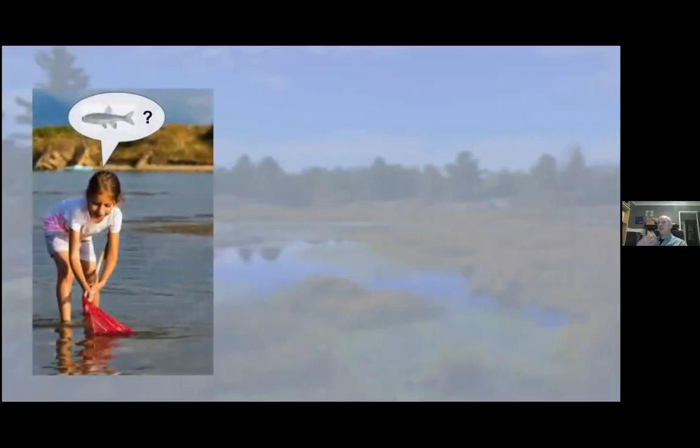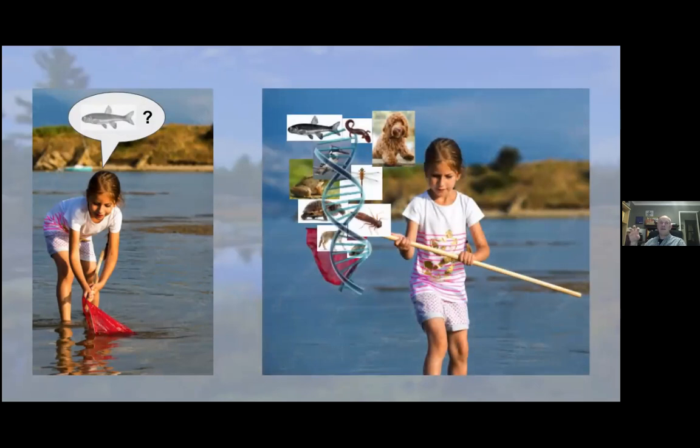So just to frame the mental model here, many of us have gone to a pond or stream or lake, scooped out some water with a bucket or net, looked at the contents and wondered what is there. Like this little girl, she's thinking maybe about minnows. Well, eDNA is like dreaming of catching minnows and discovering everything that's interacted with the pond in the last 7 to 21 days.